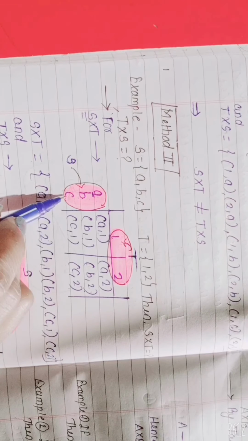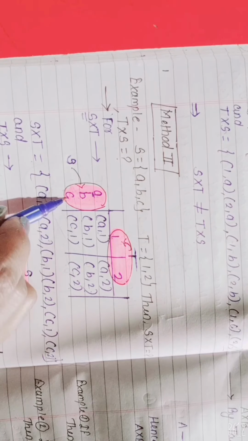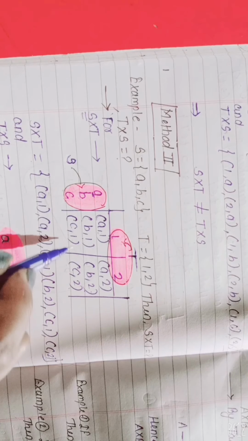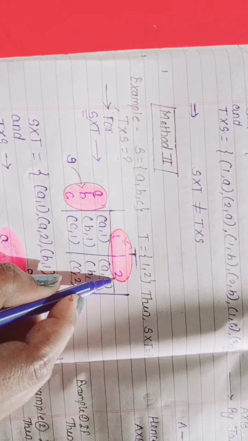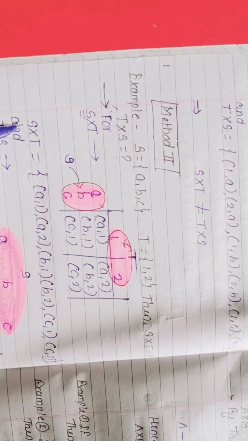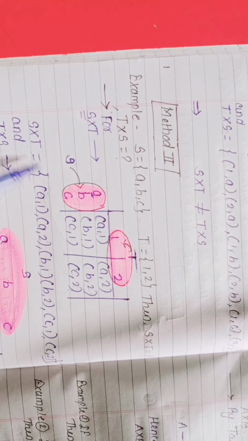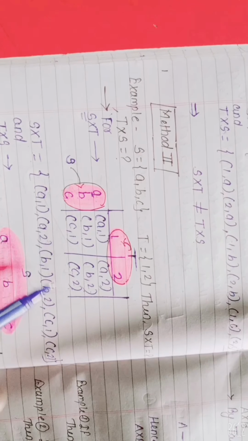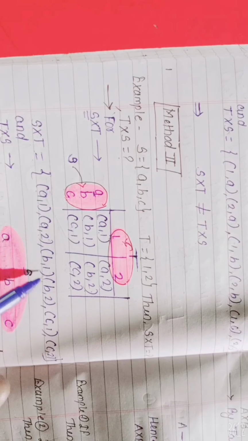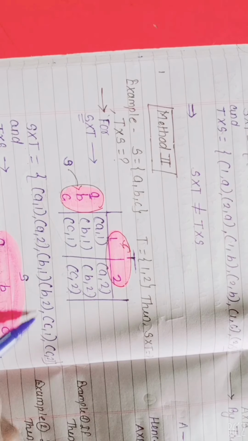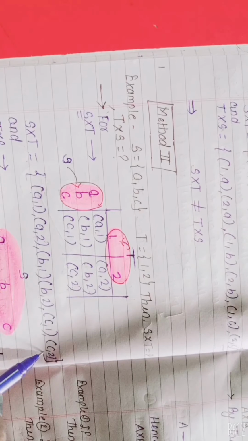C forms the ordered pair with 1, which is the ordered pair C1. Then C forms the ordered pair with 2, we get the ordered pair C2. So the Cartesian product S cross T contains the elements: the ordered pairs A1, A2, B1, B2, C1, C2.